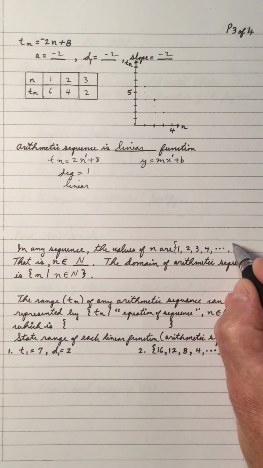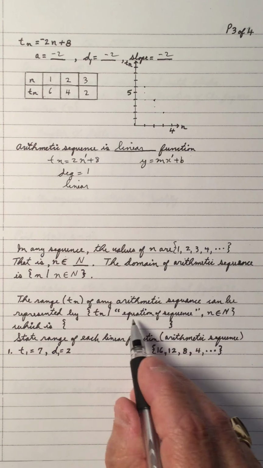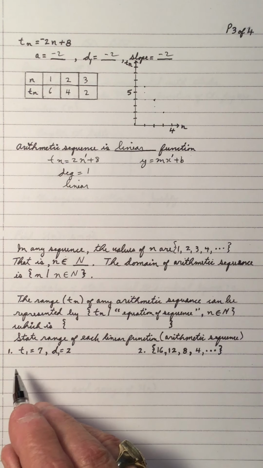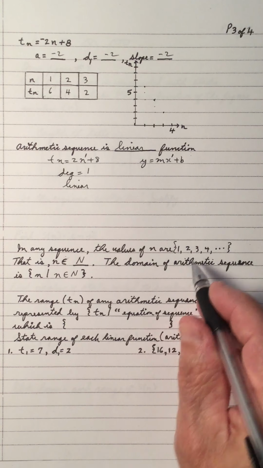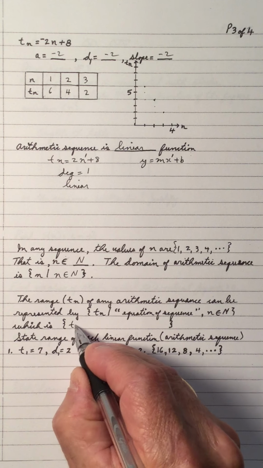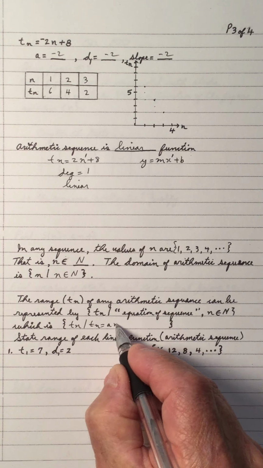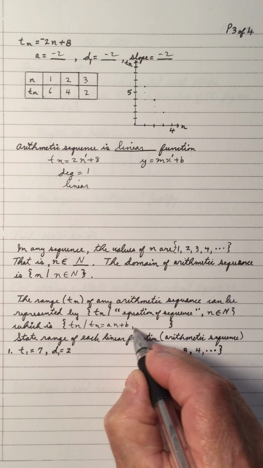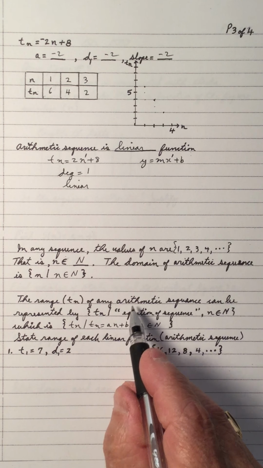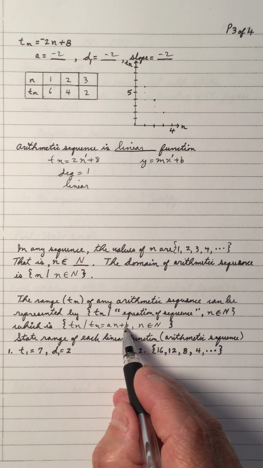Because the sequence goes on and on and on, it's the equation that will represent the values of the range. So in this case, we have Tn such that Tn equals an plus b, where n belongs to the integers.